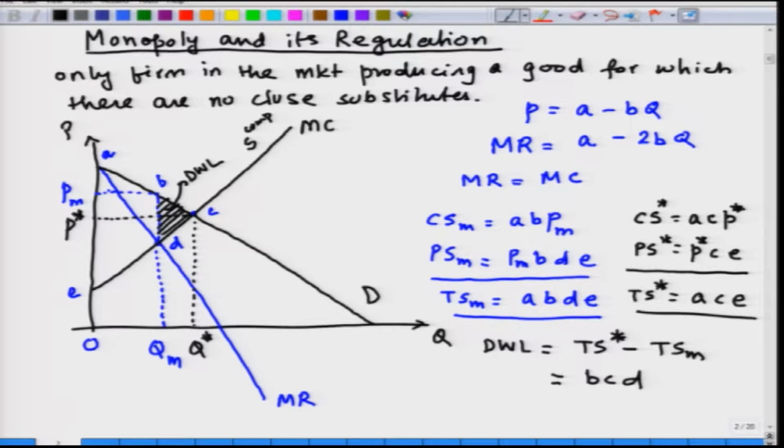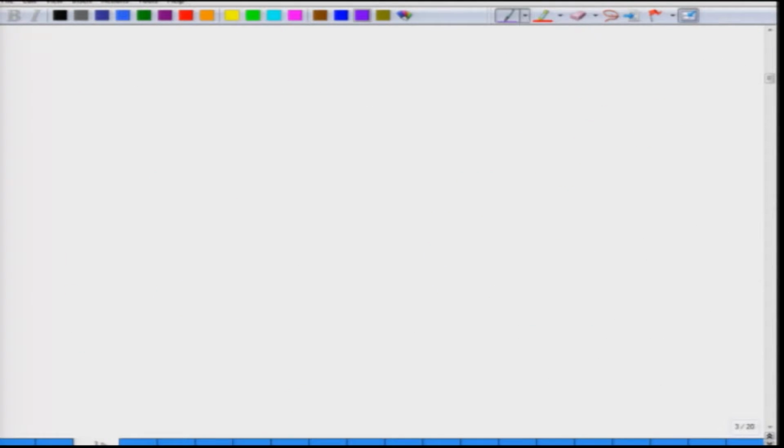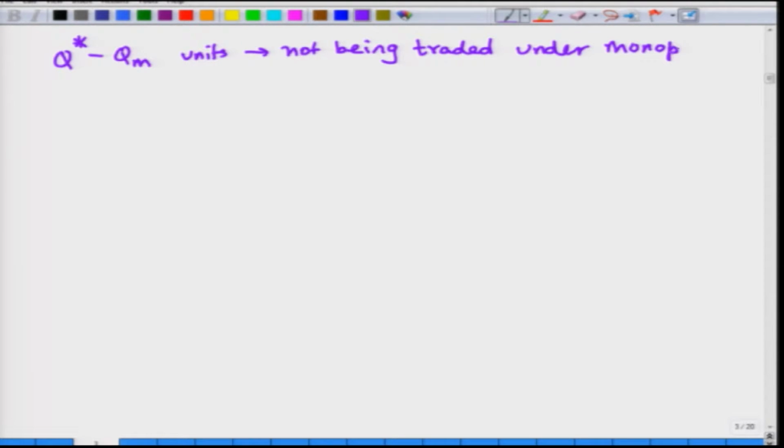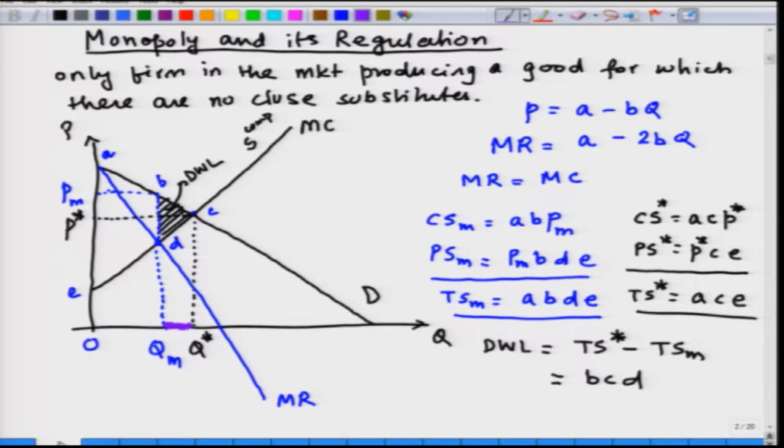Now, the source of the deadweight loss are these Q star minus QM units that are no longer being traded, right. So, if you look at the Q star minus QM units which are not being traded under a monopoly, the reason why they are not being traded is because the marginal revenue for each one of those units is lower than the marginal cost.